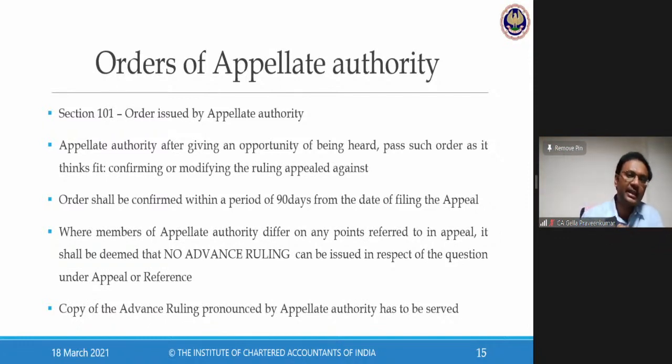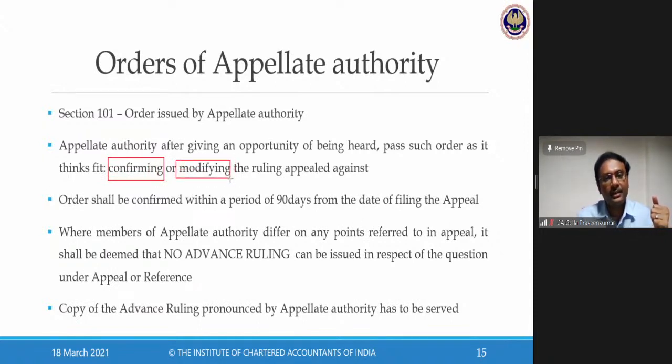So this appellate authority will listen to the state officer or central officer, will listen to the applicant, and then whatever they think fit, they pass an order. How do they pass an order? Look at this. They confirm the understanding of the advance ruling authority, or they may modify that particular ruling. Only two things are there.